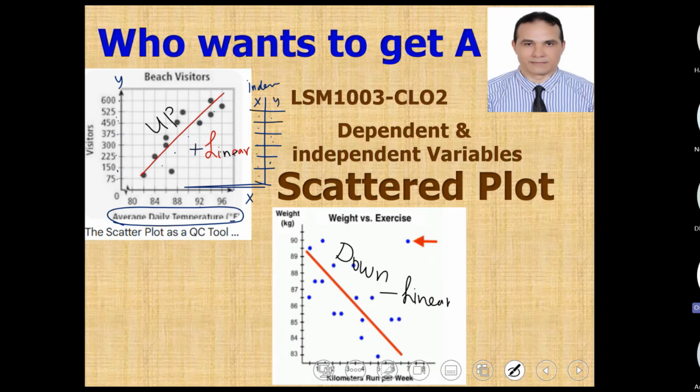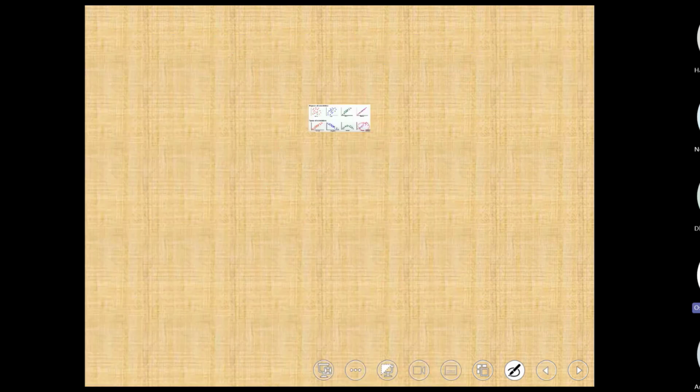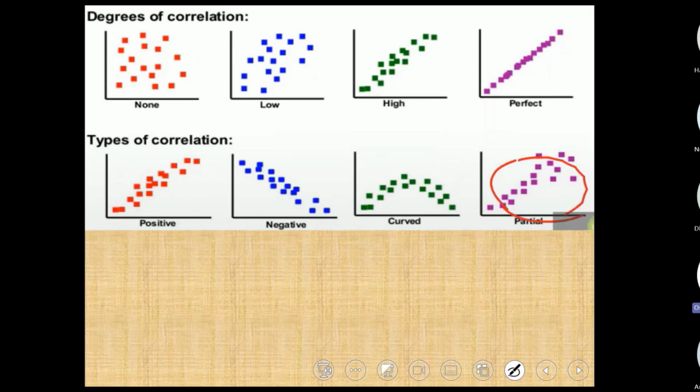Okay. Sometimes you have two variables, but neither depends on the other, like the box read versus the shoe size. There is no link, right? So here, there is no linear relation. You cannot find a line here, right? Okay. Now we know what a scatter plot means. We'll go into more detail later.